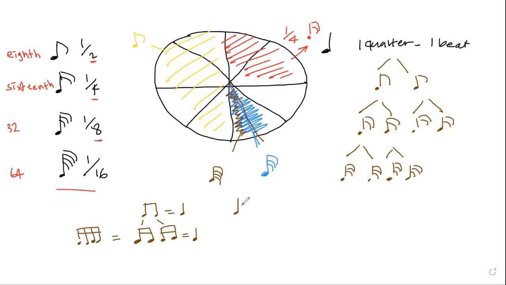And then because this one is 32nd, right? You have to add 2 flags like that. This is how many? 4 32nd notes, right? So this one is going to be a 1/8 note, right?